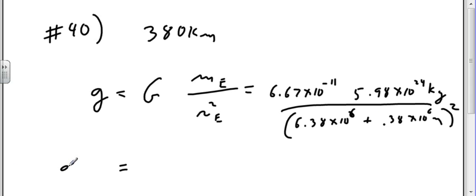So gravity at 380 kilometers above the Earth will be 6.67 E minus 11 times 5.98 E 24 divided by parentheses 6.38 E 6 plus 0.38 E 6 close parentheses squared equals 8.73.